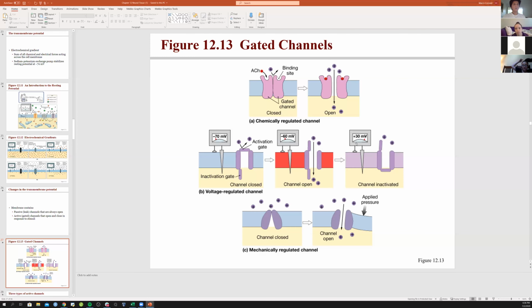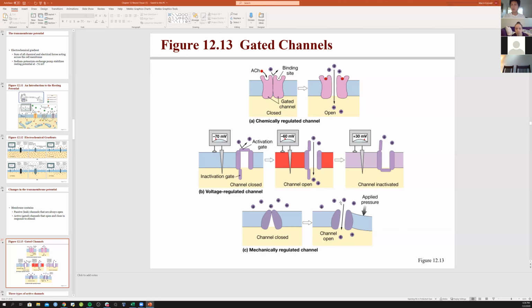But it doesn't go all the way to positive 66, the equilibrium potential of sodium. Why would it close at positive 30? These gradients need to be reestablished, and you cannot reestablish a gradient if this channel remains open.